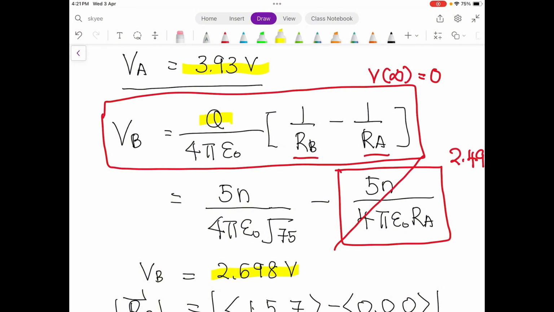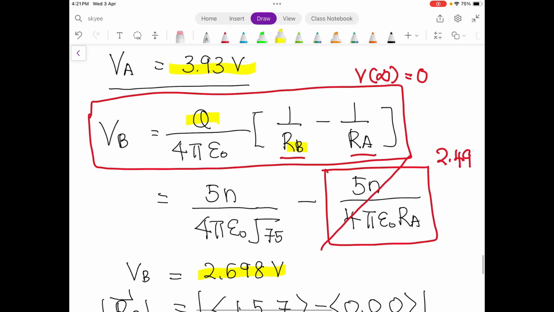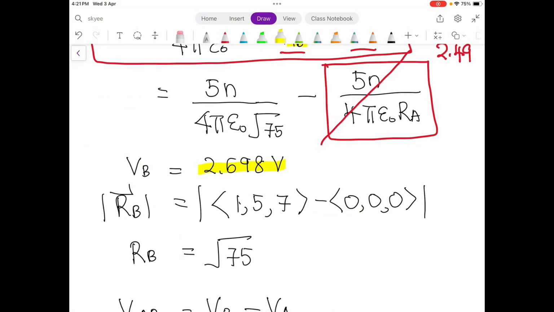This one represents the source of your electric field. You have an electric field because you have charge. The RB would be the distance between the charge and the point that you want to find the potential. This is the place that you want to find the potential, and this is the location of your charge.